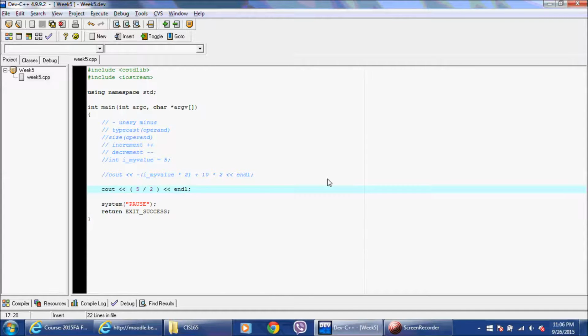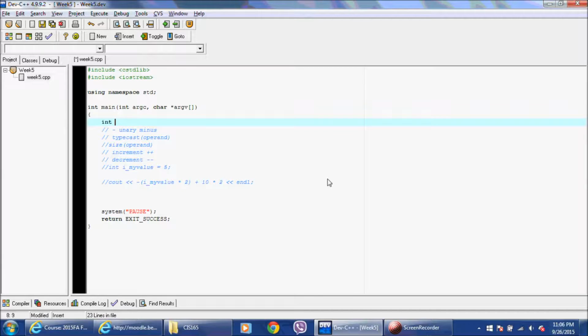For example, let me take this out, and let's say I had int myVal1 equals 5, yourVal2 equals 2.